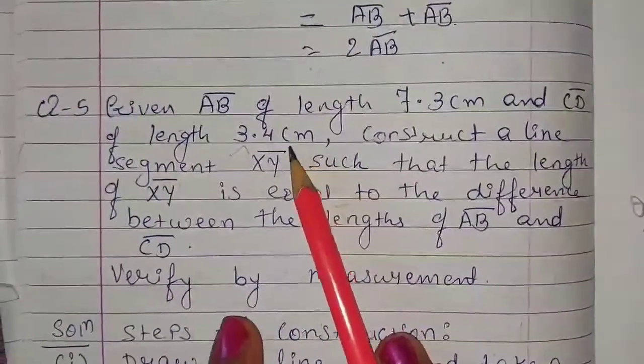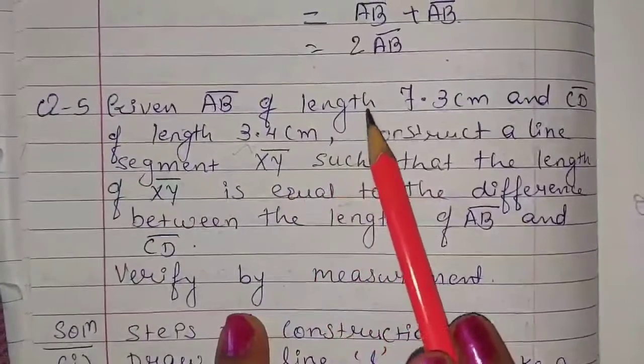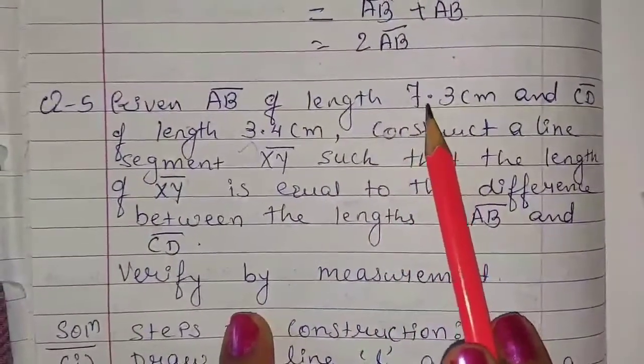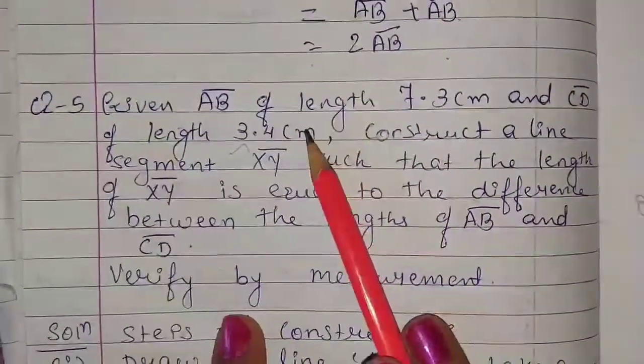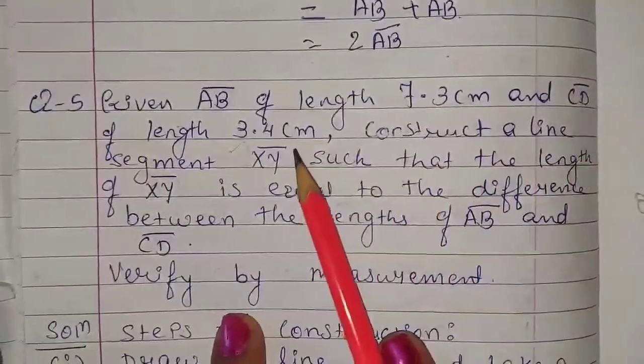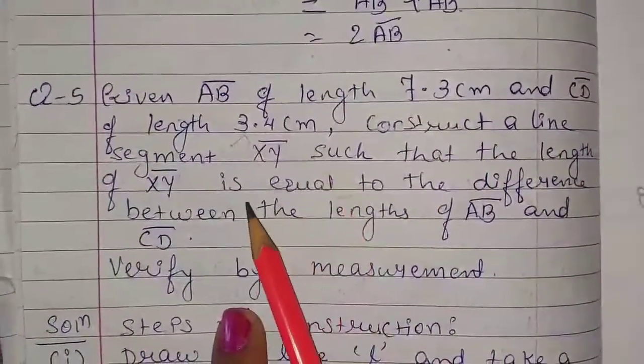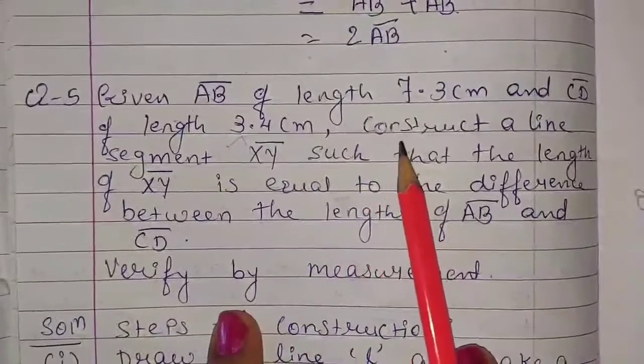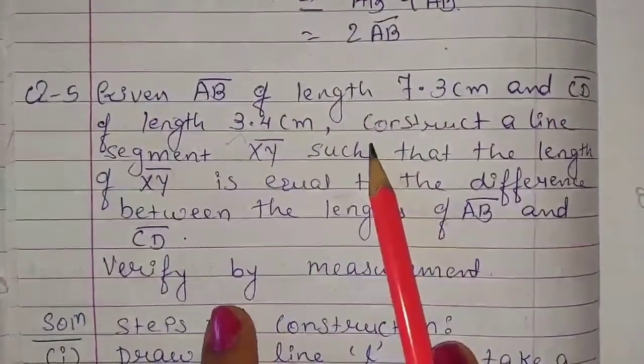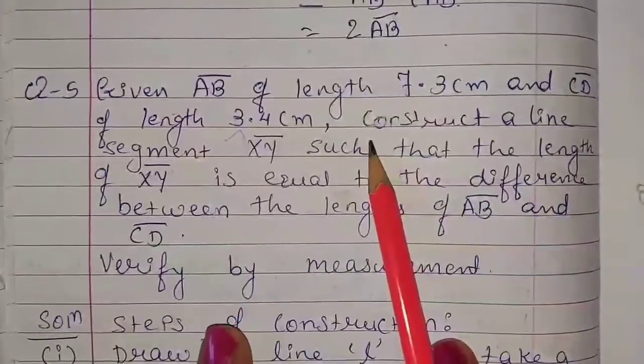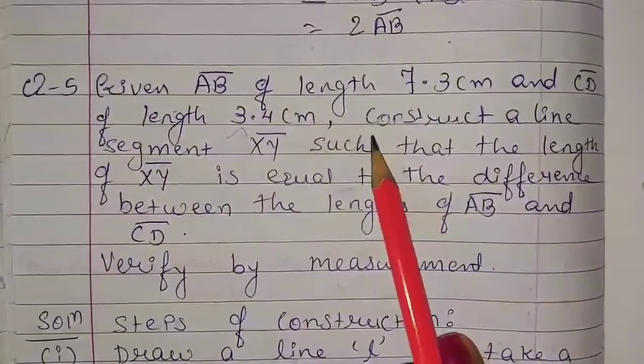Then we have to construct a line segment XY such that 7.3, that is line segment AB, minus line segment CD, that is 3.4, is equal to 3.9 centimeter. So let us draw these constructions without doing subtractions.